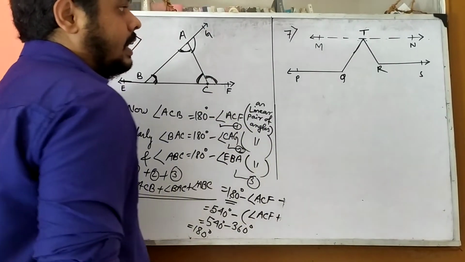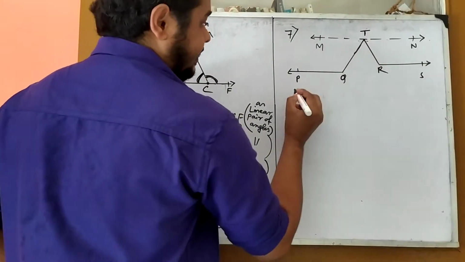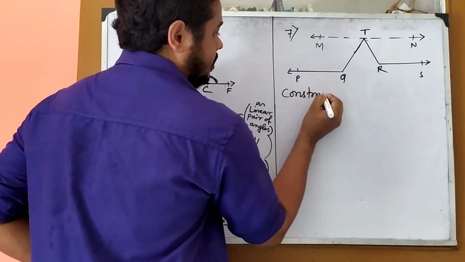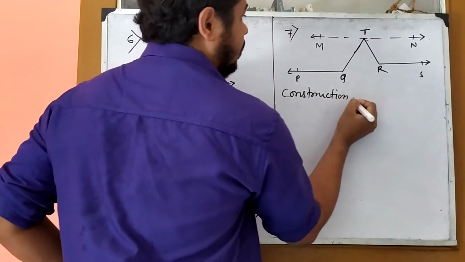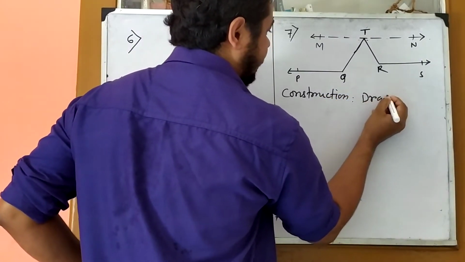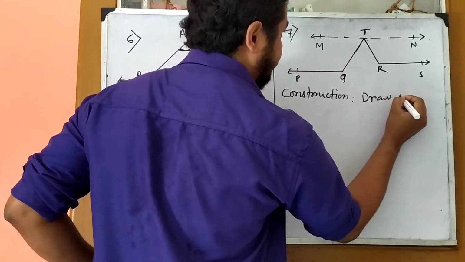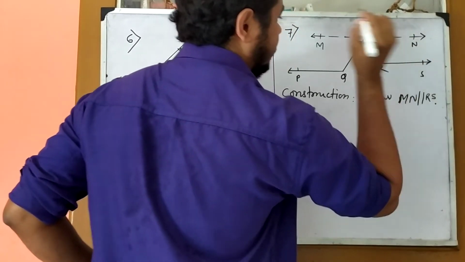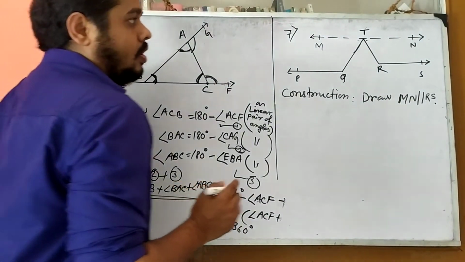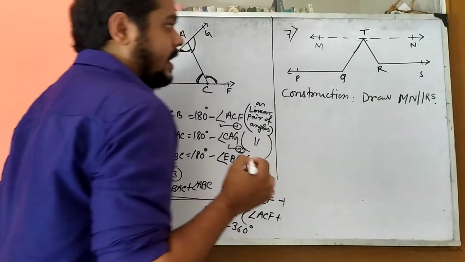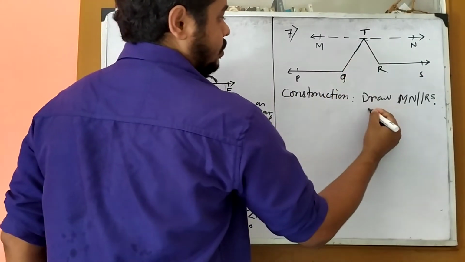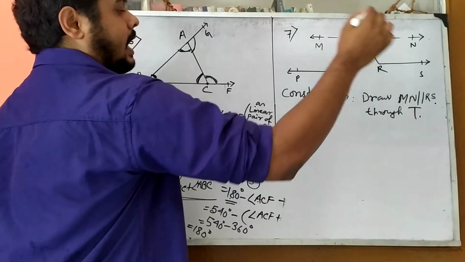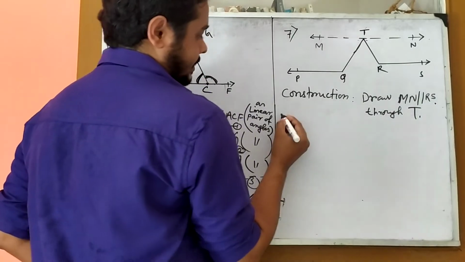Next problem. Now it is given that this is the figure. Our construction part is to draw MN parallel to RS. We are drawing a line through T, a line MN parallel to RS.